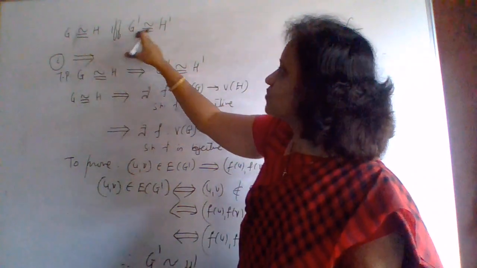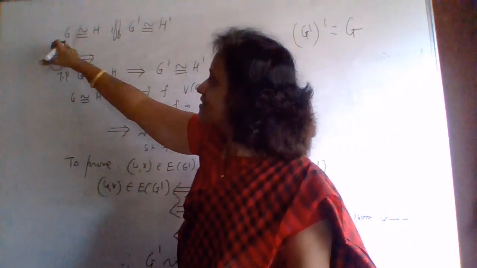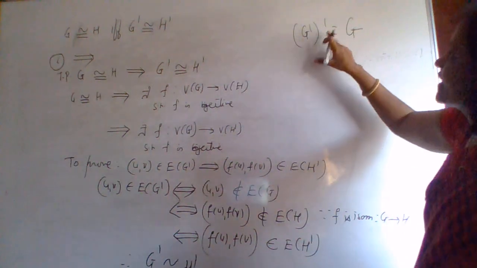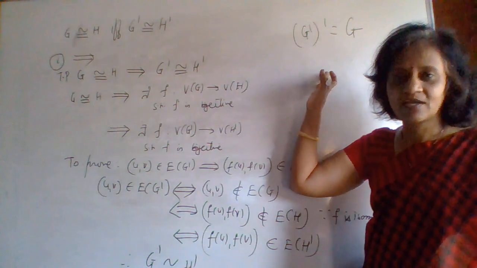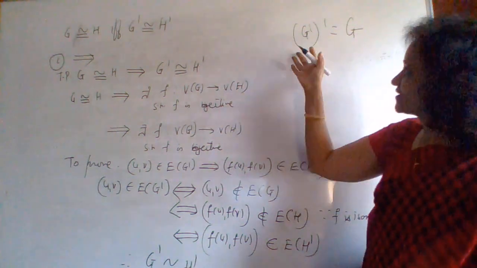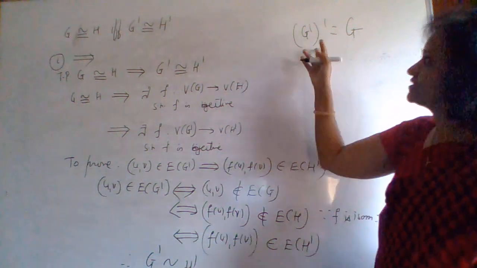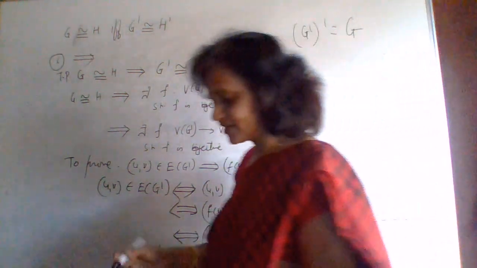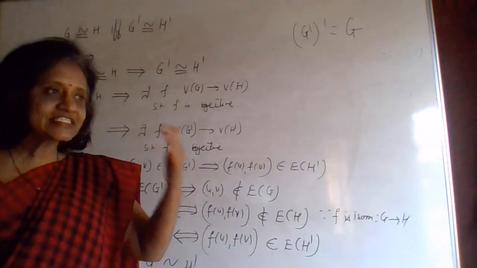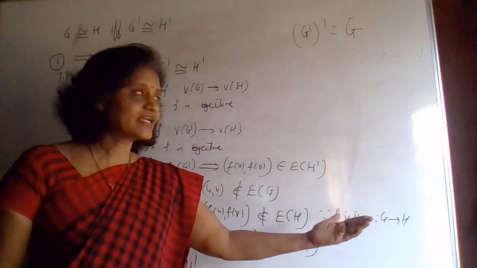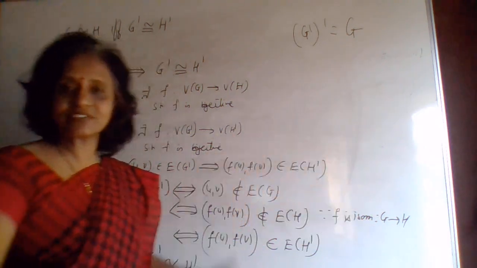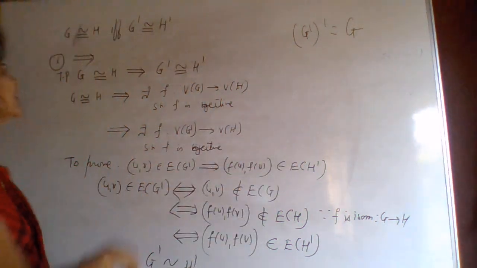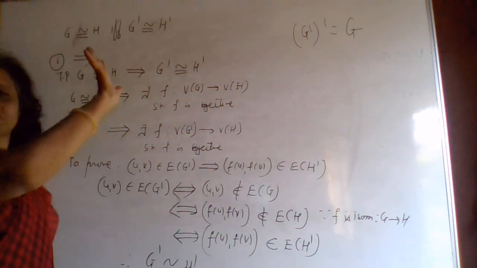So these two are isomorphic, which implies their complements are also isomorphic. And how will you prove G dash dash is G? You can do it. I'm leaving this for you. It's very simple. G dash dash is always G, because what is dash? Whatever edge is not in G will be in G dash. Any edge not in G dash will be in G. Using this, you can prove this result, and from that you can get the reverse way also.